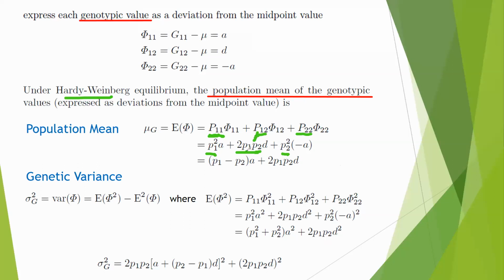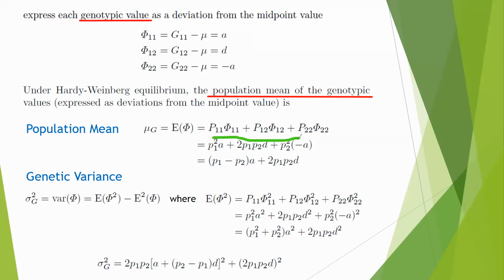Either the individual got an A1 allele from mother and A2 from father, or the other way: A1 from father and A2 from mother. Either way can end up with the same genotype. So that's why we need to multiply by 2 here. That's the probability for the heterozygous genotype.